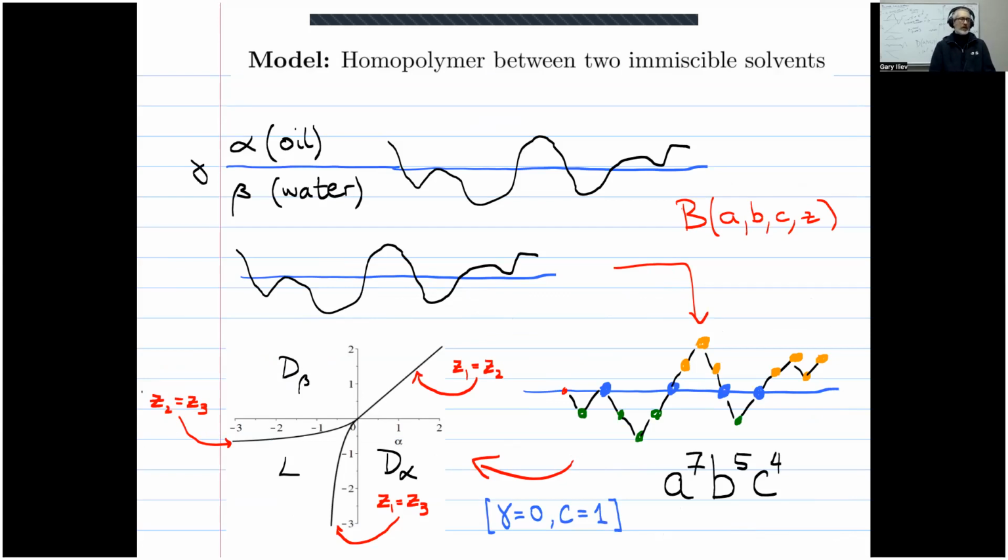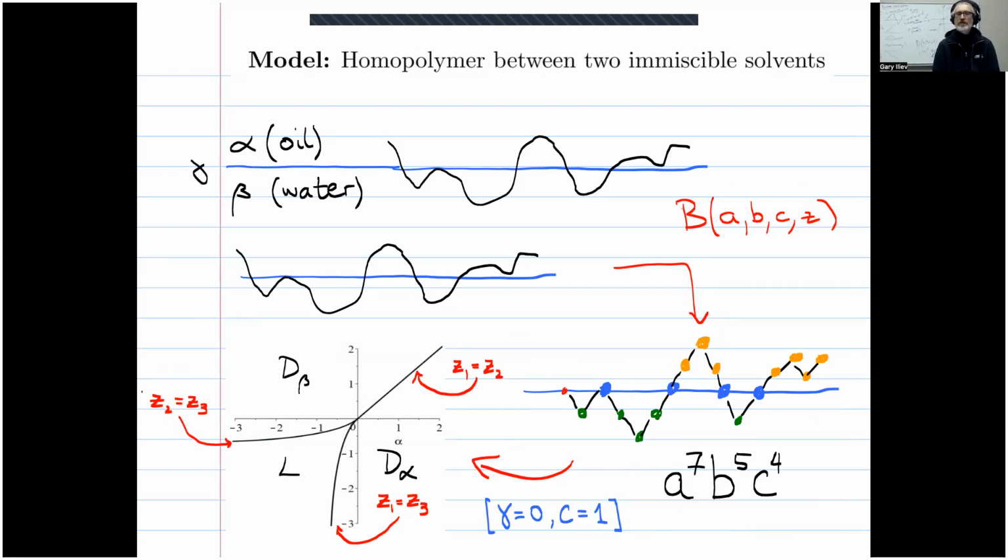All right, so here is typically what you see for this simple problem. In this case, the polymer is chemically identical, made up of chemically identical monomers.